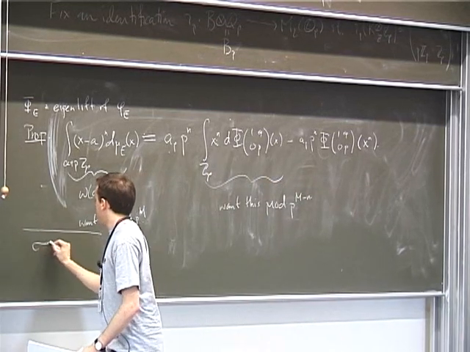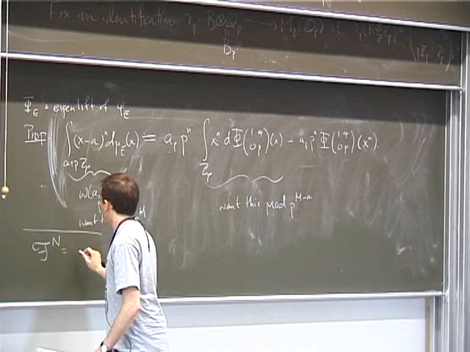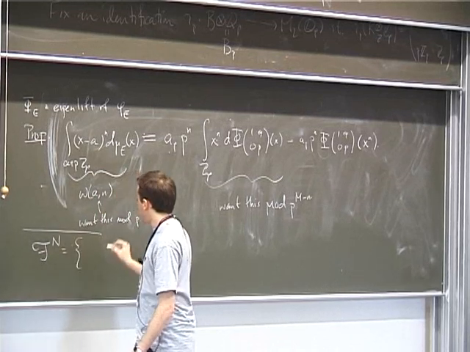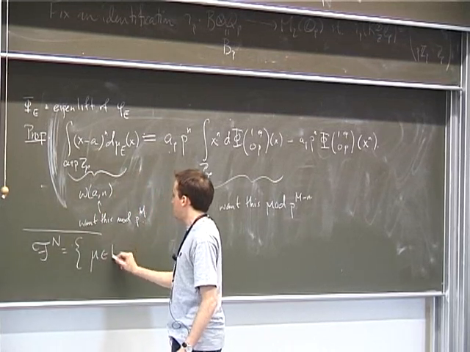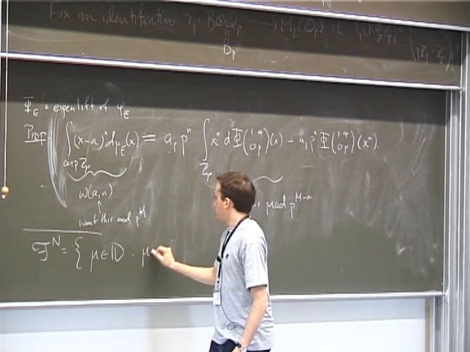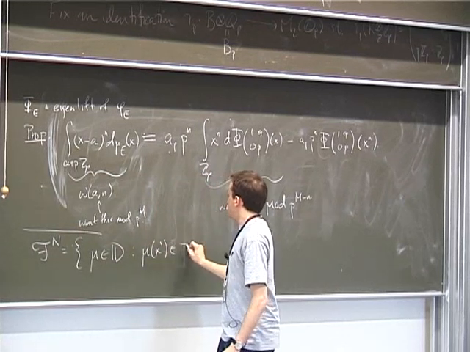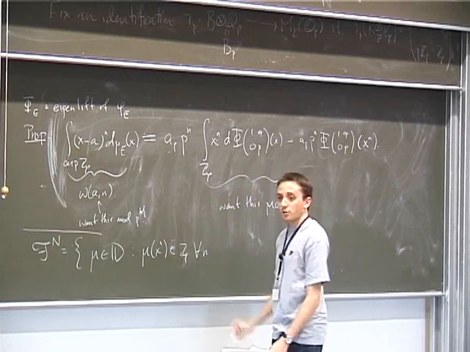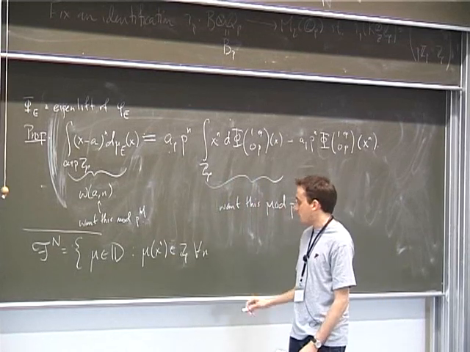So if we define F_n to be the set of all distributions mu in D such that, first of all, mu of x^n is in Z_p for all n, I want to have some integrality condition here so I can approximate.